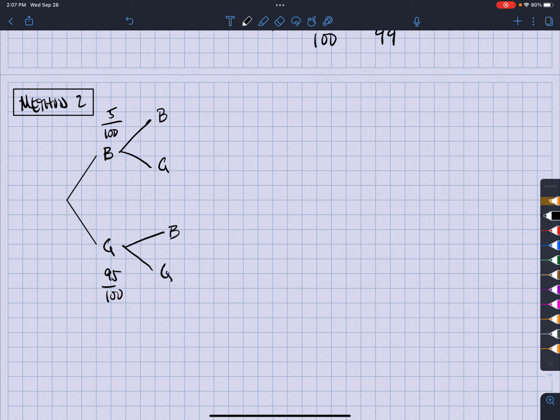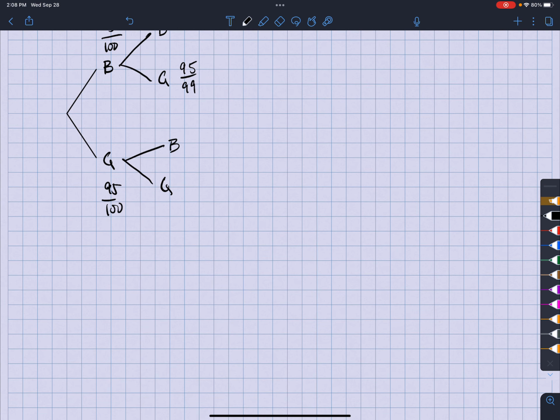Okay, so let's assume that the first one was bad. So you picked one of the 5. There's only 99 circuits left, and there is only 4 bad ones left, right? And if the first one was good, still you only have 99 circuits left, but assuming that the first one was bad, that means you still have all 95 good ones to pick from. If the first one was good, what was the chance of the second one?